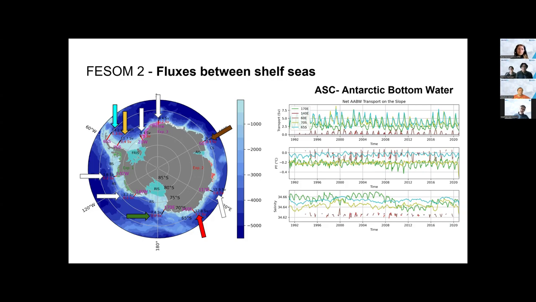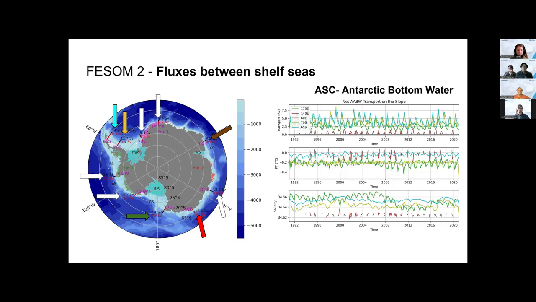On the right, the top figure shows the volume of Antarctic bottom water carried by the Antarctic slope current. You can see that in the Ross Sea, the dark green, and in the Weddell Sea, the orange and the light blue arrows, the transport is quite high.